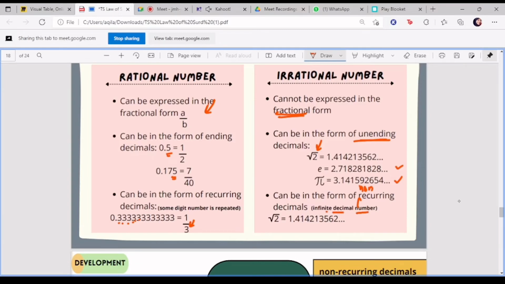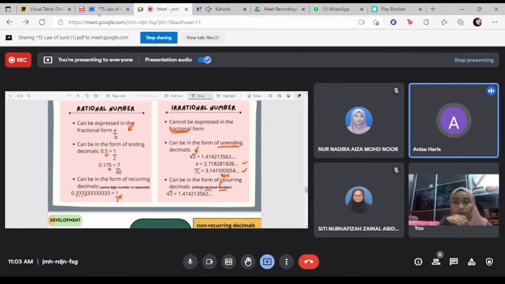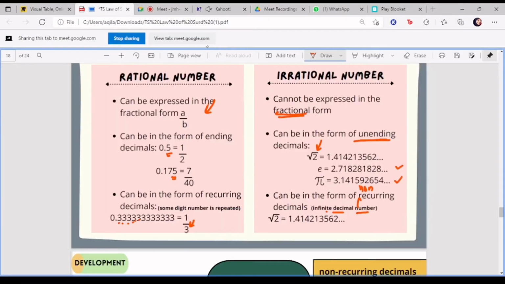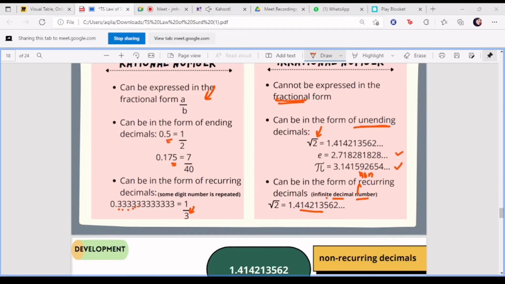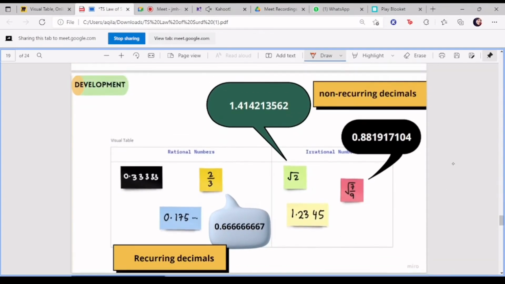Can anyone explain? The number is continuous and there is no ending. Yes, correct. The number is continuous and does not have any ending. Okay, so basically this is what you learned just now from the table.